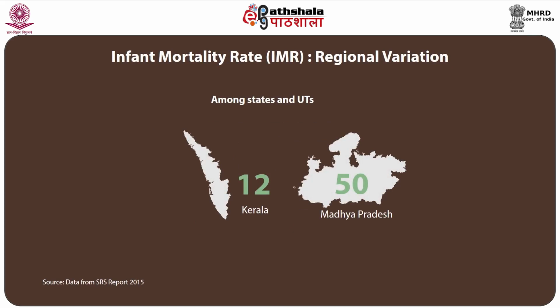Among the states and union territories, it ranged from a lowest of 12 in Kerala to a highest of 50 in Madhya Pradesh. It indicates that not only is there huge variation in the infant mortality rate across states, there are also pockets of high gender disparity or gender discrimination in mortality in different parts of the country.